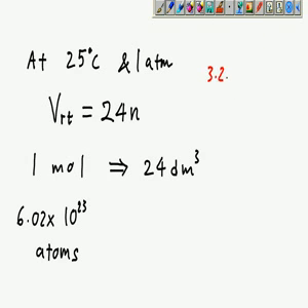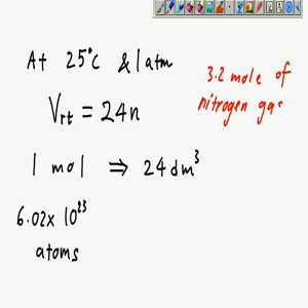3.2 moles of a certain gas, of nitrogen gas, at room temperature.